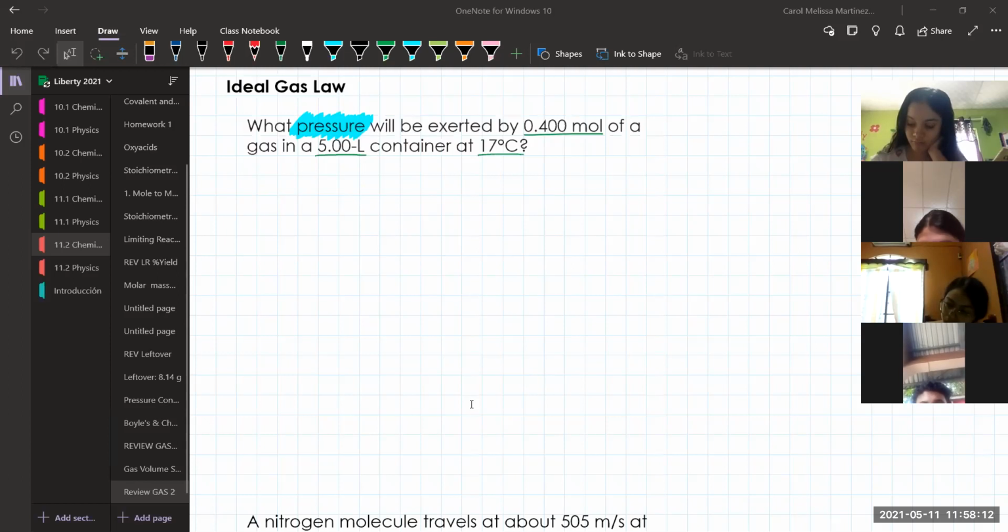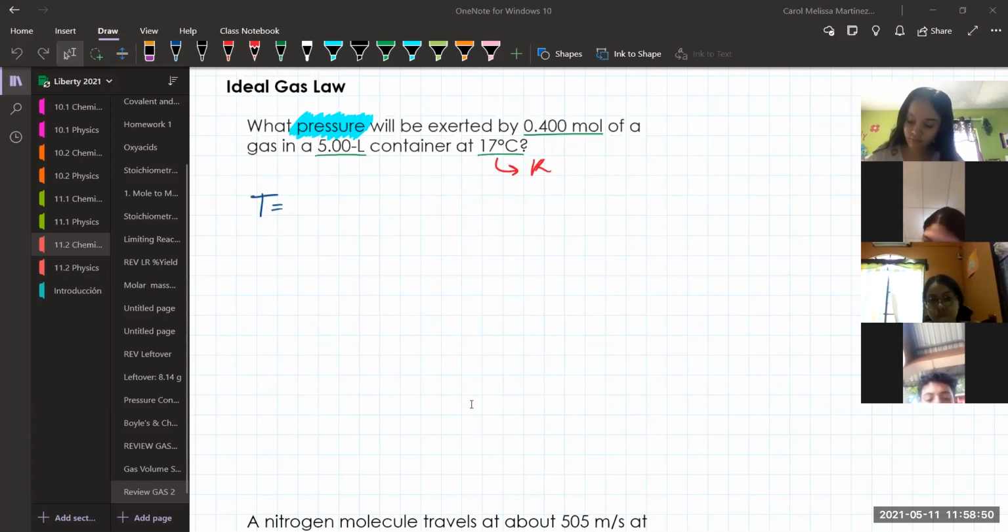It is mandatory, Martinez is telling you, that every time in a gas problem you have any unit other than Kelvin, you have to do the conversion. So this is going to be your step 0, mandatory. If the temperature is not in Kelvin, convert it to Kelvin. Very simple.